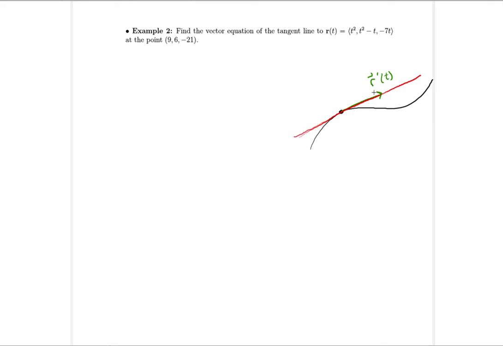So notice that r prime, of course, is parallel to this tangent line. And remember, when we found the equations of lines, we were always very interested in finding that vector that was parallel to our line. Why? Because that was our direction vector, right? So what we're going to understand here is that r prime is the direction vector of the tangent line.